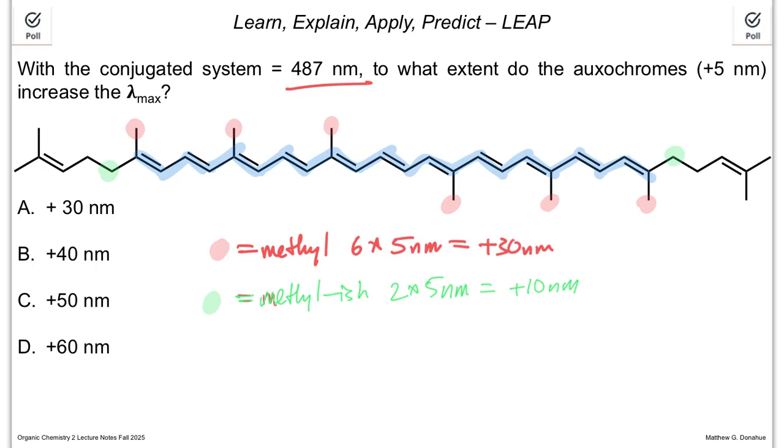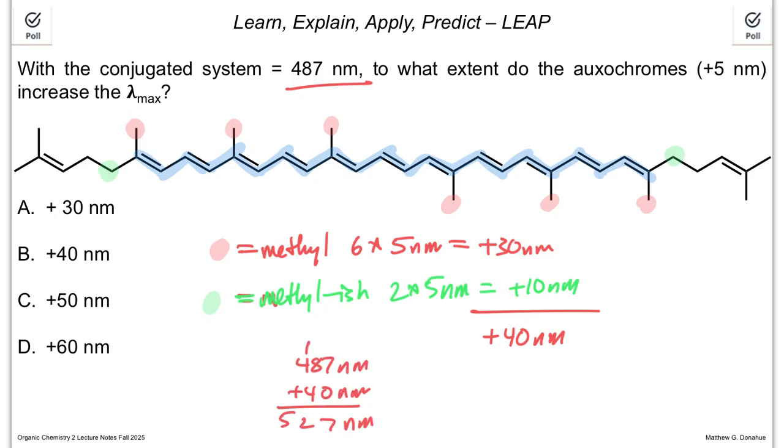And then overall, that would get us to another plus 40. So we're at about 500 or 527 at this point.